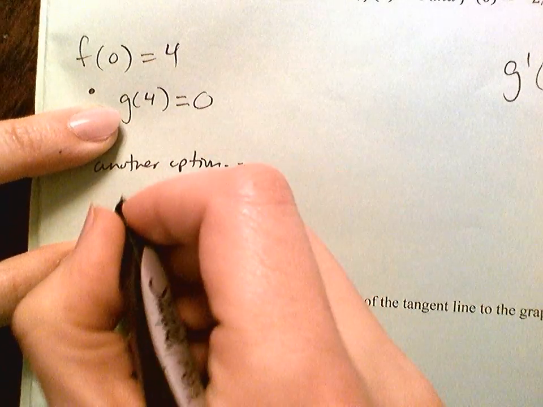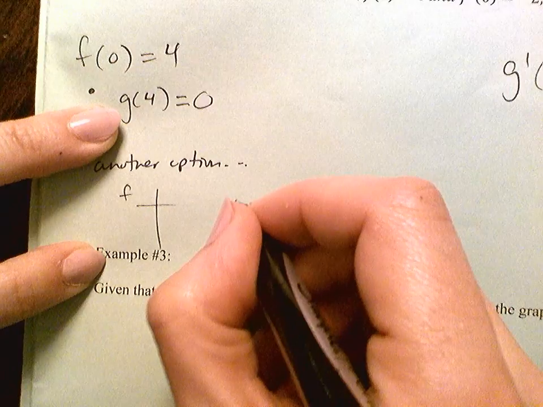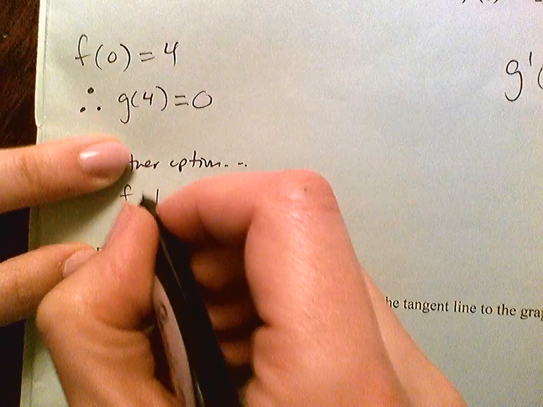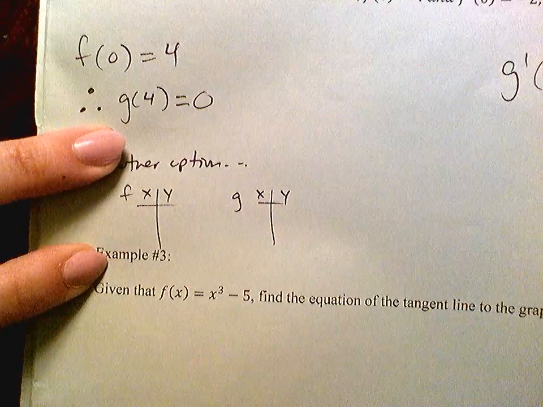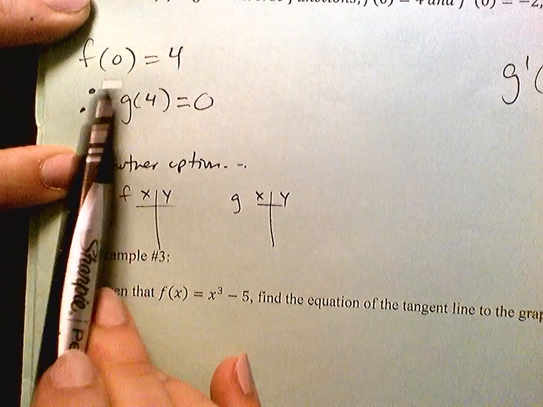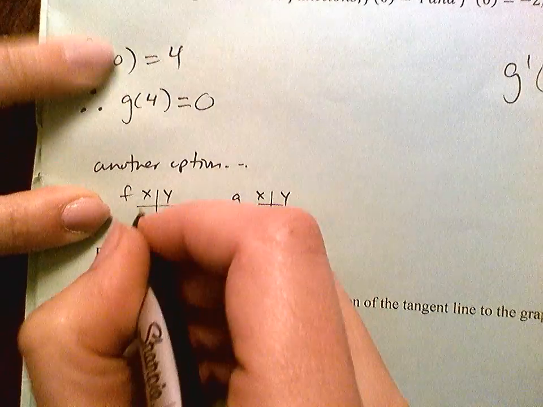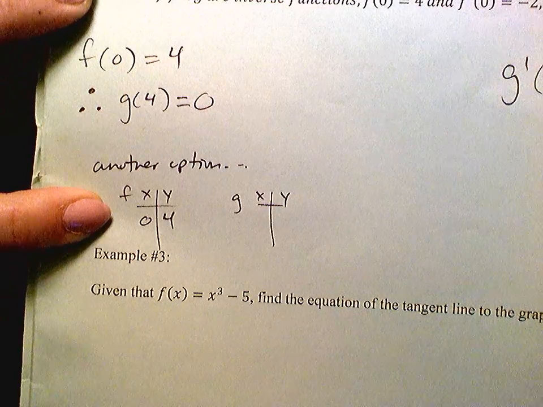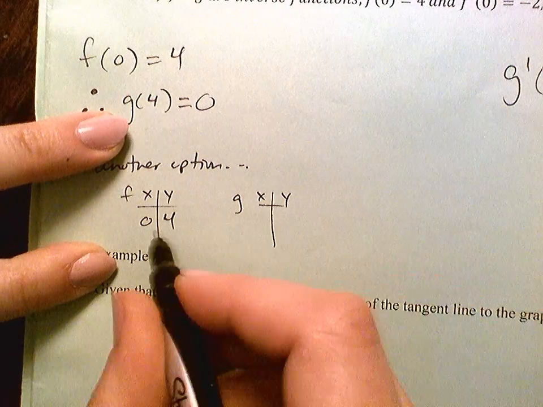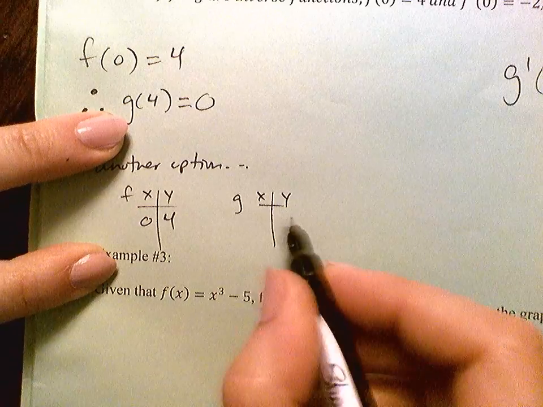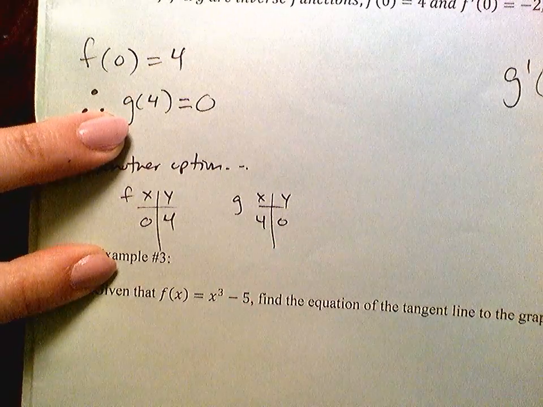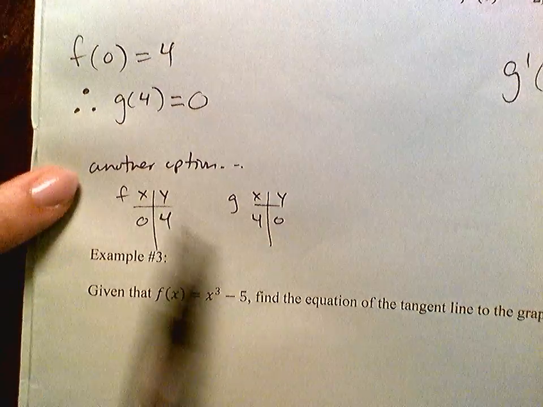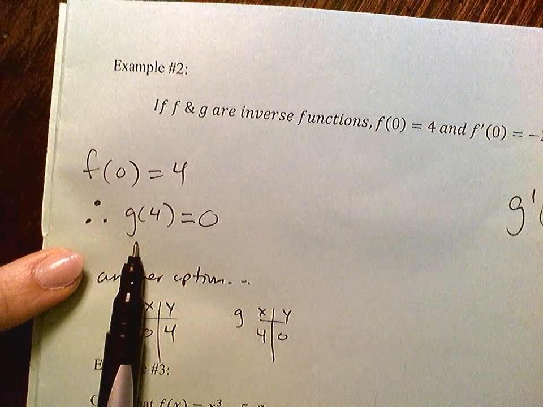If you make a table of values for f and a table of values for g, with x, y and x, y, I'm going to take what I know, this ordered pair, and put it in this table, and that means that the corresponding ordered pair in the g table would just go like that. So this is another way that you could think through this same idea.